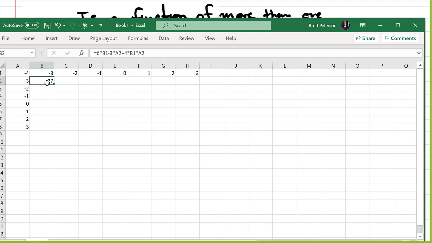If you don't want one of the indices to change, you need to put a $ sign in front of it. So I want all of my references in this line to be able to change the number part, but they can't change the letter.